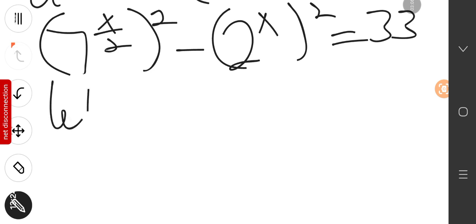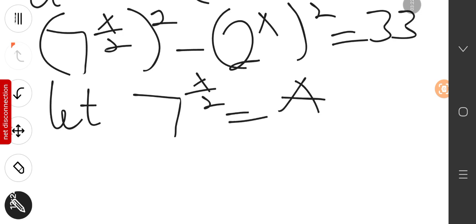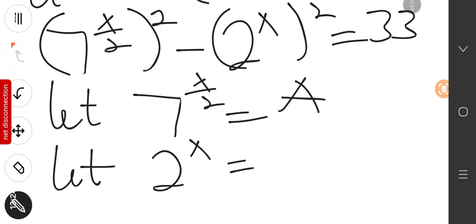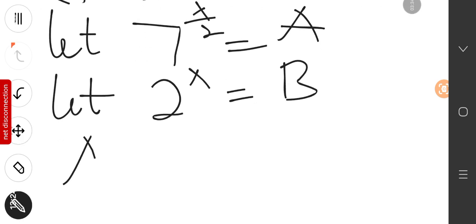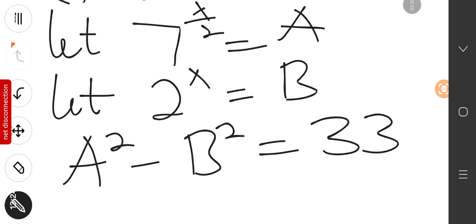So we say let 7 exponent x over 2 stand for a, and let 2 exponent x represent b. So you have a squared minus b squared equals 33.